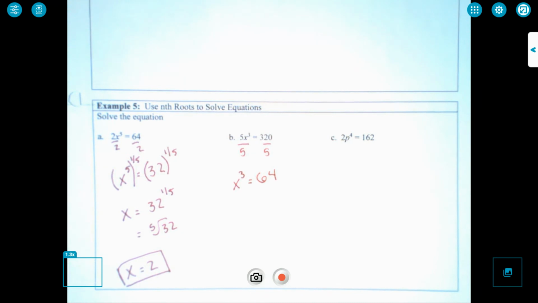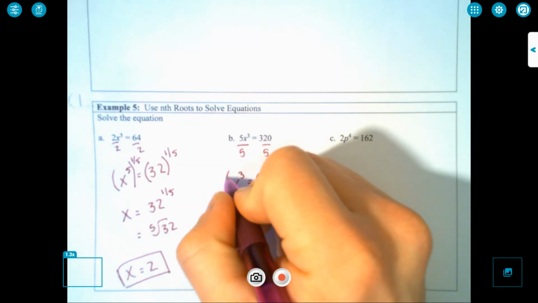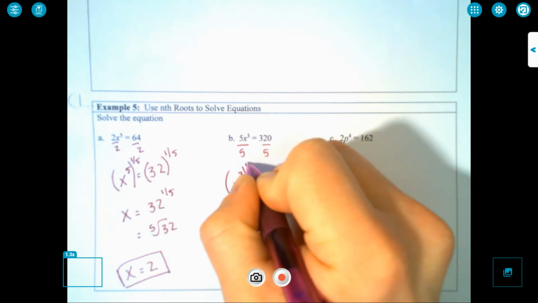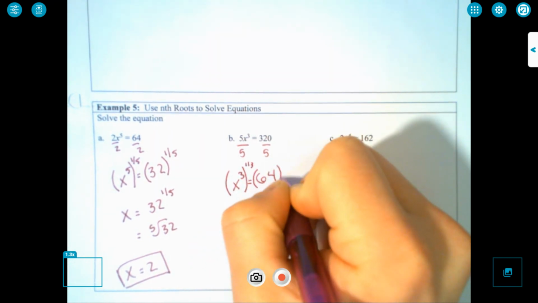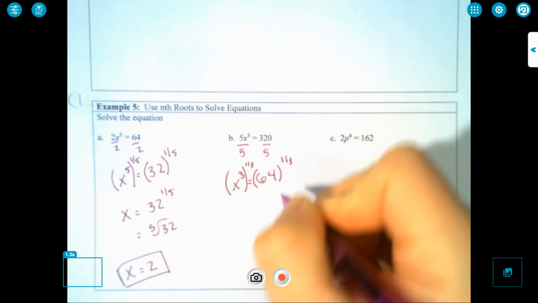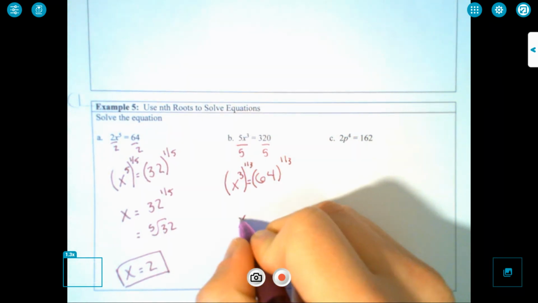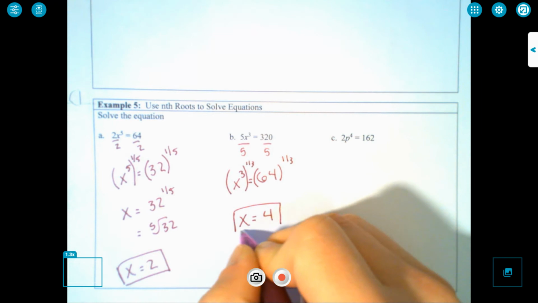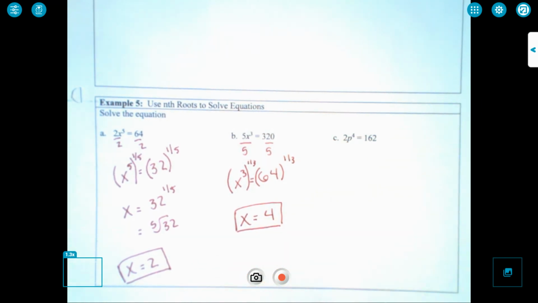And from there, now that the x is by itself, you can take the cube root of each side. The cube root of 64 is going to be 4. Again, it was an odd root, so we're fine. We just leave it alone. x equals 4.